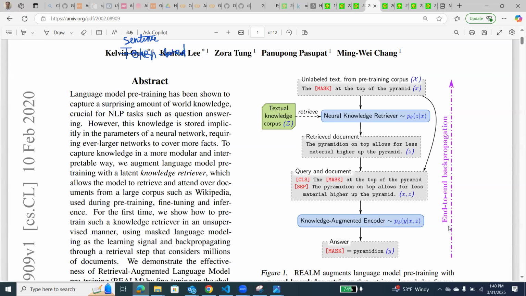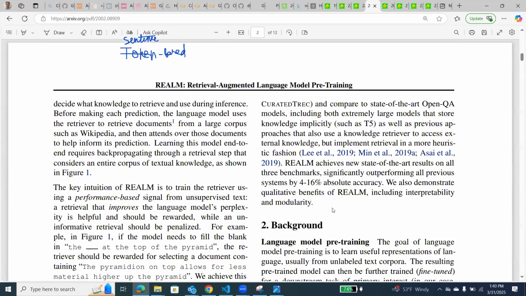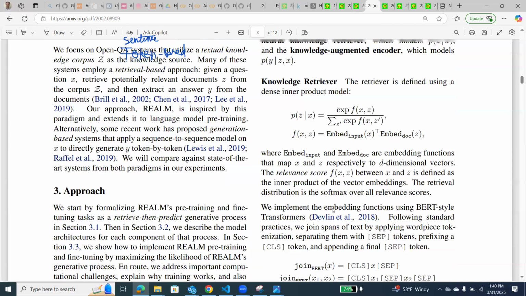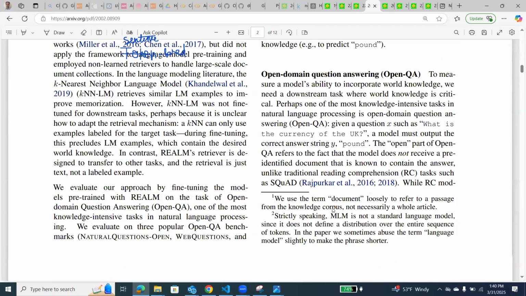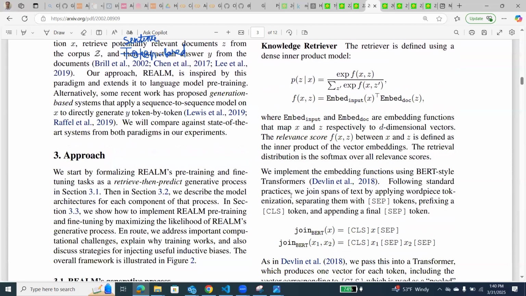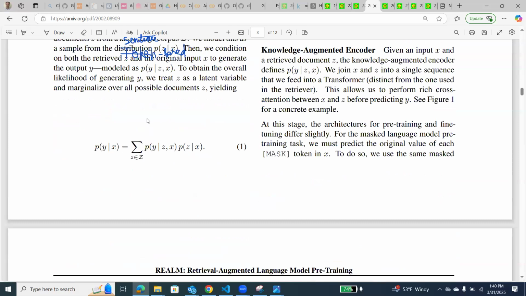And when we have a prompt, we can calculate the probability of our prompt, and then retrieve the documents based on this formula 1.